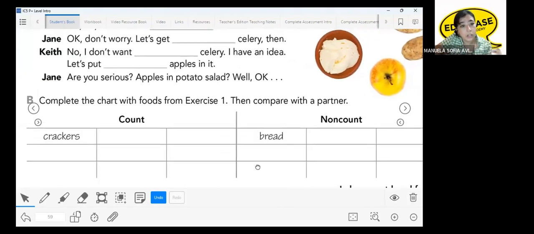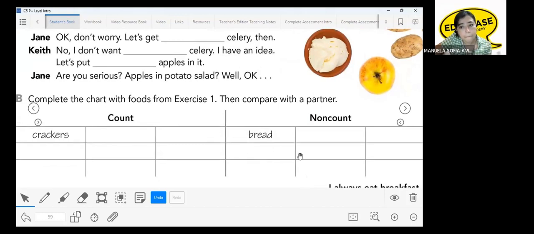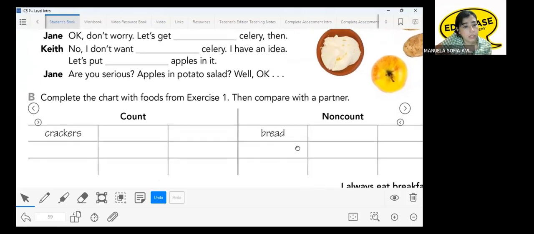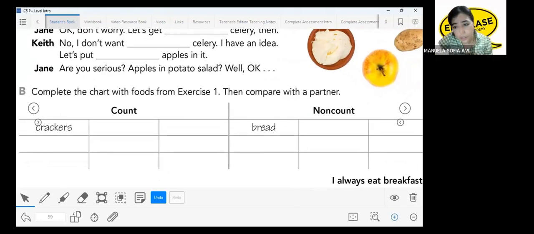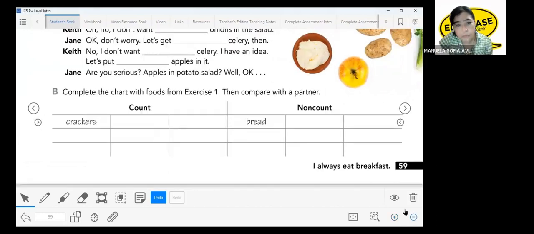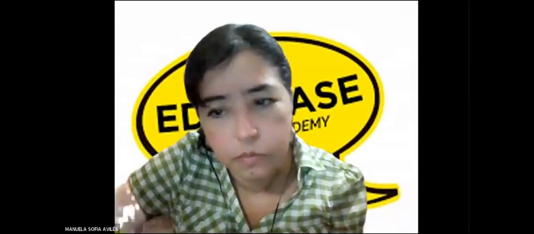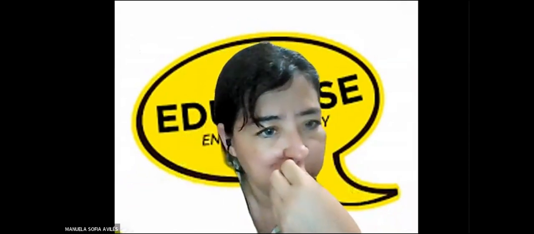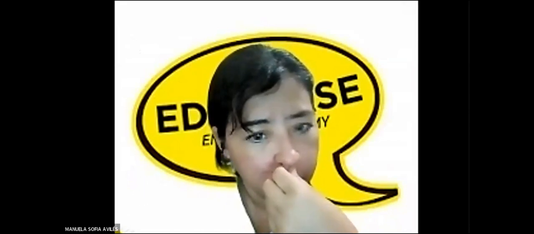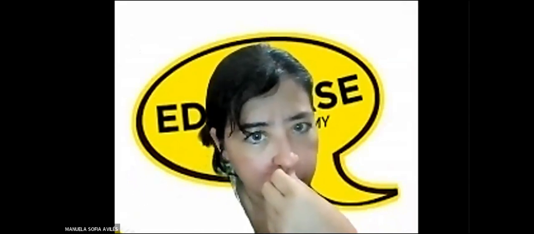Okay, so that's just to remember, to have a feedback. So now you're gonna do this chart with your classmates. I'm gonna send the screenshot and you're gonna try to work it, maybe in trios. Let me share it for you. Give me a second, please, to share it. I think this is your group.